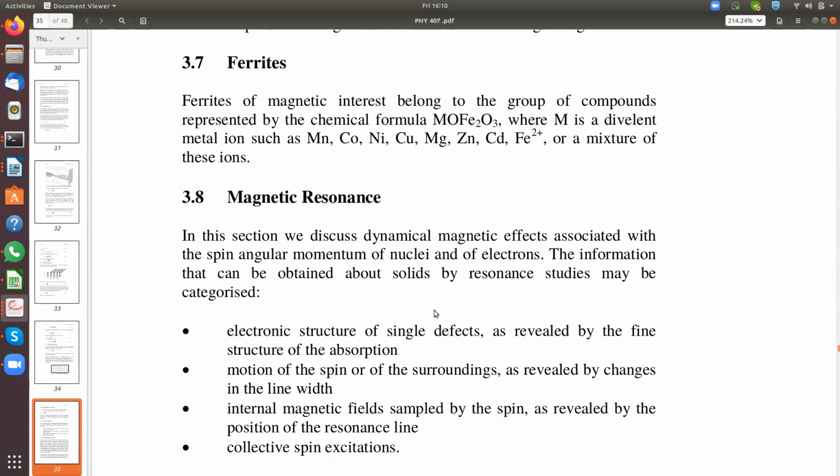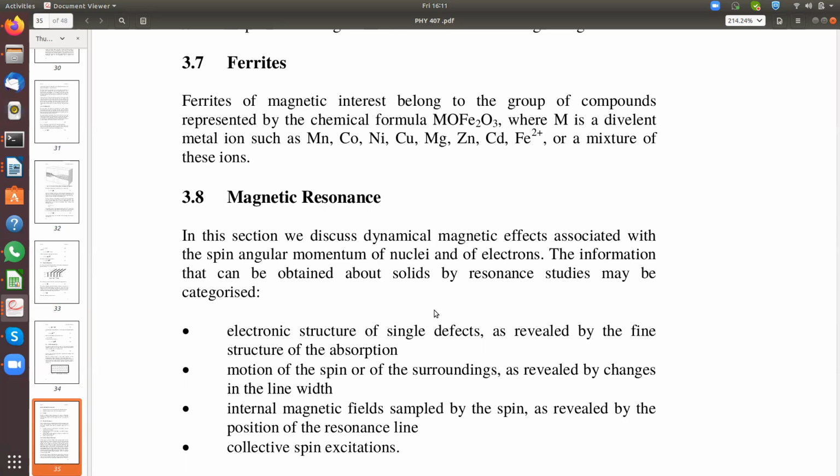So also we look at magnetic resonance. The question we should ask ourselves is, what do we mean by magnetic resonance, and what is the importance of this? On a daily basis, all these things are being used around our vicinity, in the laboratories and in the schools, but we don't really know the concept behind this.